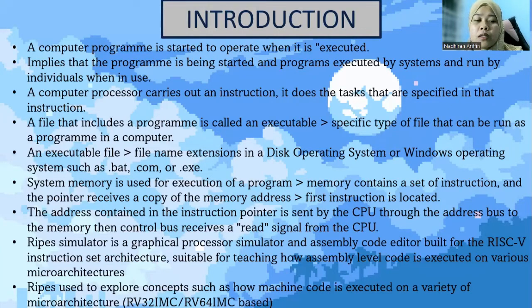As an executable file, the file name extensions in the Windows operating system are such as .dat, .com or .exe.